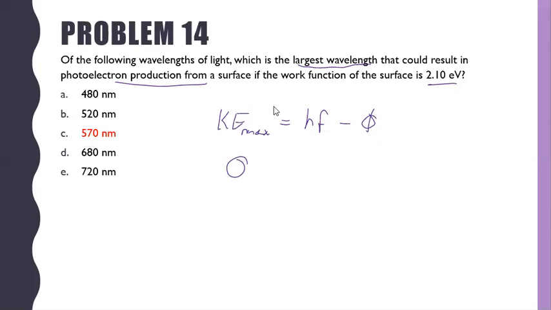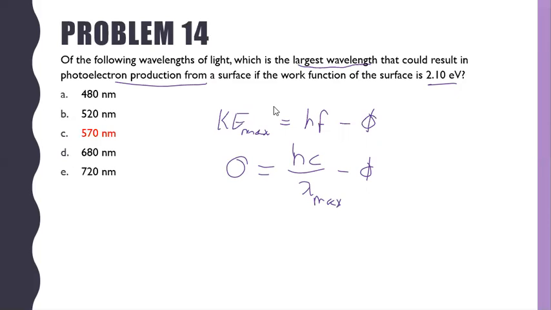And then I know any wavelengths that are smaller than that will work, but any wavelengths that are larger than that will not work. Why is that? That's because if I replace frequency with wavelength, frequency is equal to speed of light divided by wavelength. If I'm putting in the 0, I'm now finding the maximum wavelength.